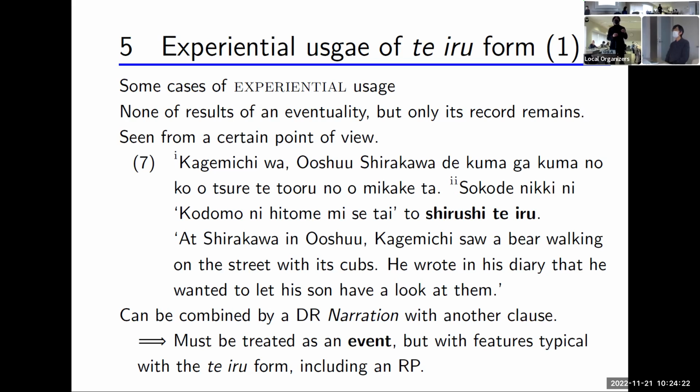But it introduces some... I can read it as described from the current perspective, a description that the event has completed from the perspective of the speech time, but actually the content of that description is immediately after the first event. So you want to treat it as a past event, and there is just a narration relation between the first and second.